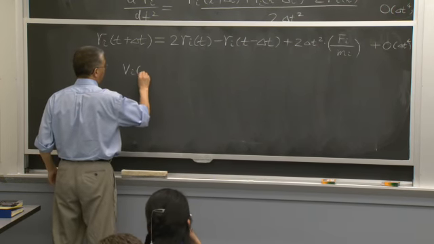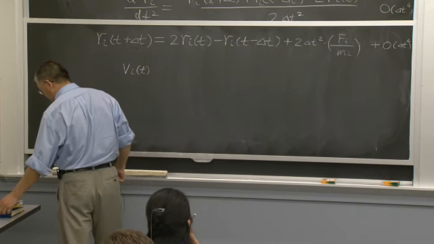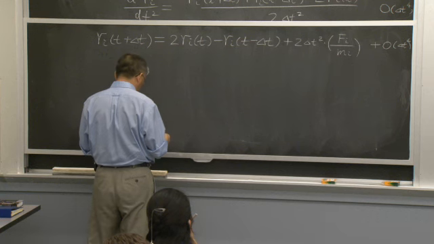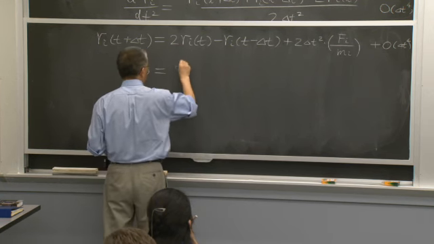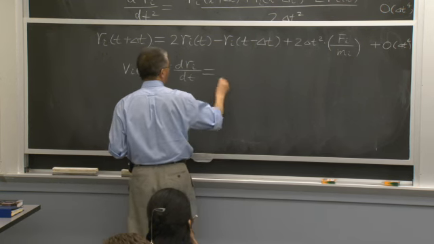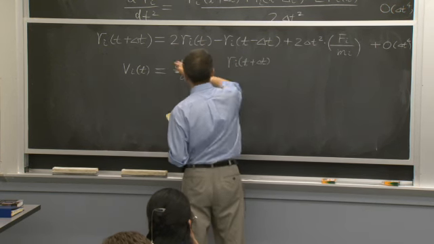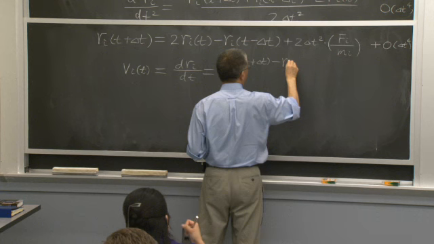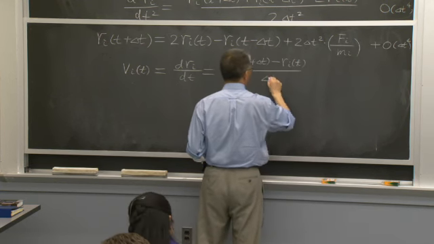And with this, you can also calculate the velocity, right? Velocity at time t is just the derivative dRi/dt, so I have Ri(t plus delta t), which I calculate in this time step, and I have Ri(t), and divide by delta t.